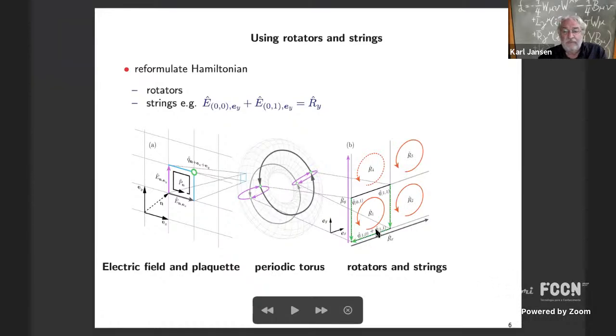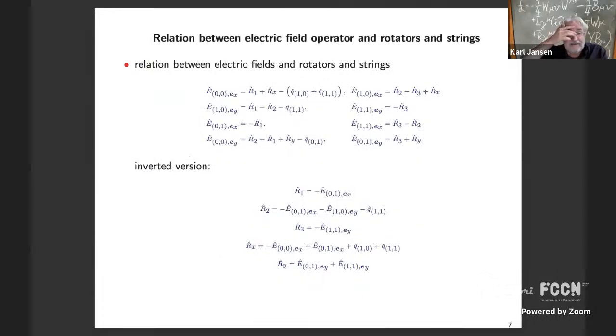So we go from plaquettes to rotators, which are these operators here, and from the electric field operators to string operators, which are these lines here. And there is a relation, written down here, between electric field operators and strings. I have written this down just to show you that you can express the electric field operators by the rotators and the strings.